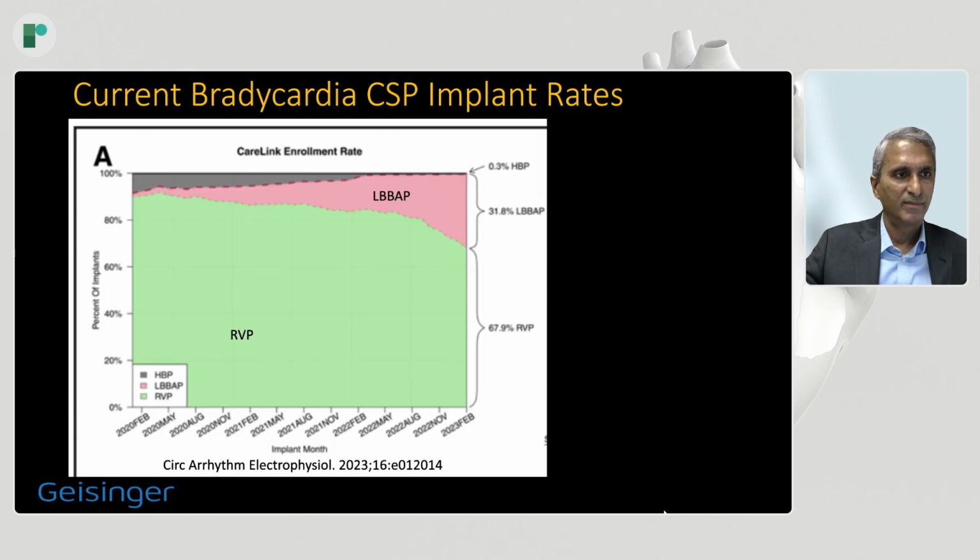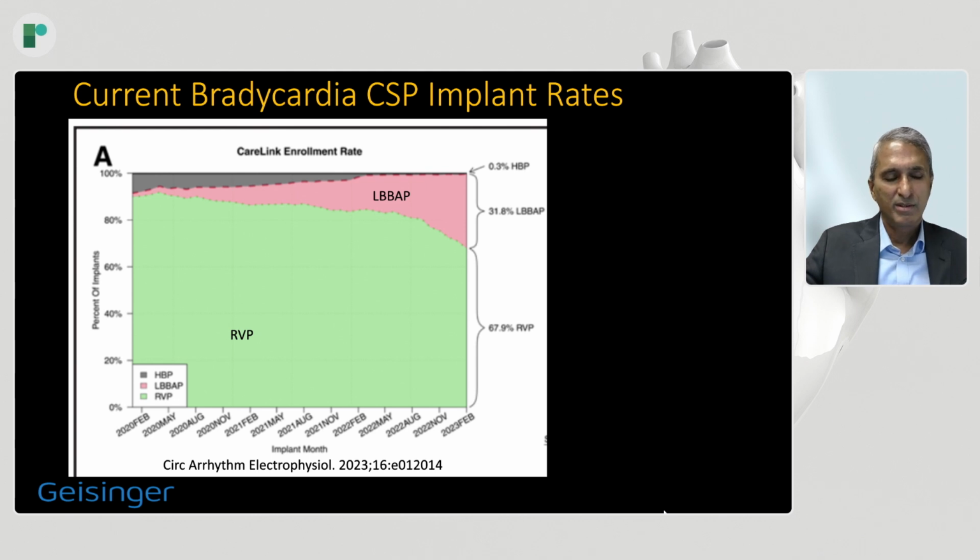This is one of the CareLink data sets, which showed the prevalence of conduction system pacing over the last 3 to 4 years. You can see left bundle branch area pacing has significantly taken over, while his bundle pacing has significantly decreased.